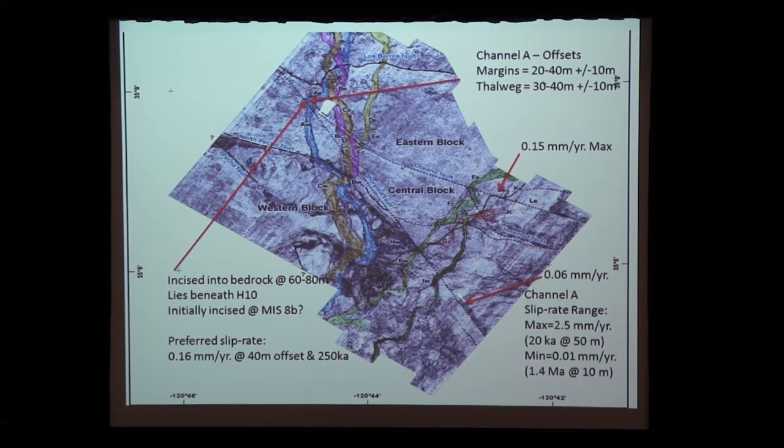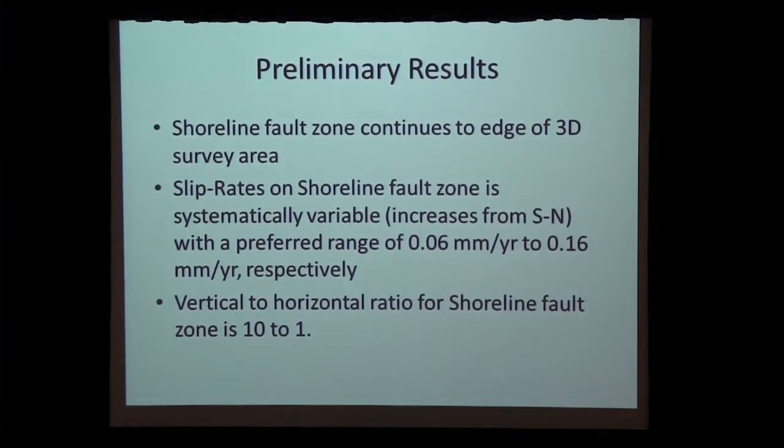Now with this volume, we've extended it down to here. So we met that objective. The slip rate on the shoreline fault appears to be systematically variable. We still have more work to do on this, but it increases from south to north with a preferred range of 0.06 millimeters per year to 0.16 millimeters per year, respectively.